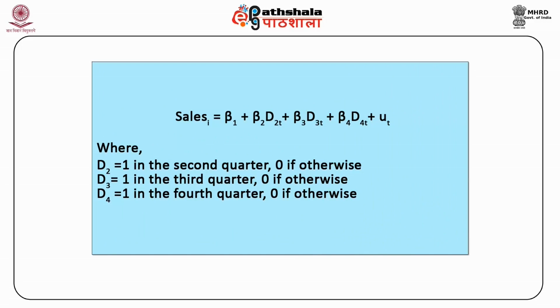Sales t is equal to beta 1 plus beta 2 D2t plus beta 3 D3t plus beta 4 D4t plus mu t, where D2 is equal to 1 in the second quarter, 0 otherwise, D3 is equal to 1 in the third quarter, 0 otherwise, D4 is equal to 1 in the fourth quarter, 0 otherwise. Note, the first quarter is taken as base category to avoid the dummy variable trap.